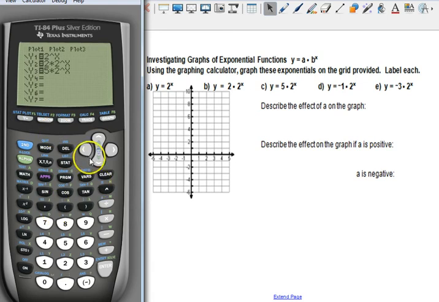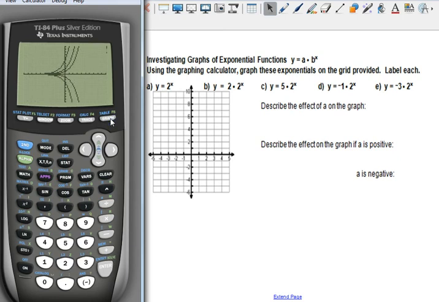Negative 1 in front. And maybe you've already made a prediction what's going to happen, but interesting. And then if we do the same thing, this time with a negative 3 in front. And again, maybe you've already made a prediction what this will look like.